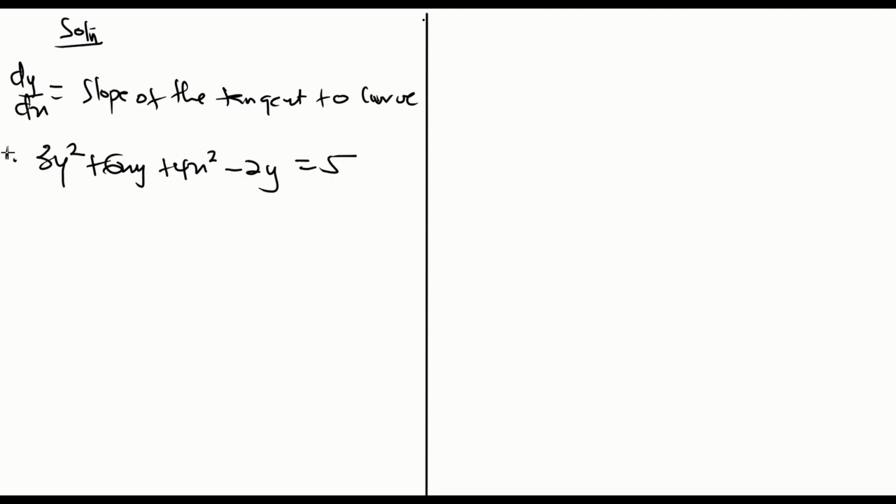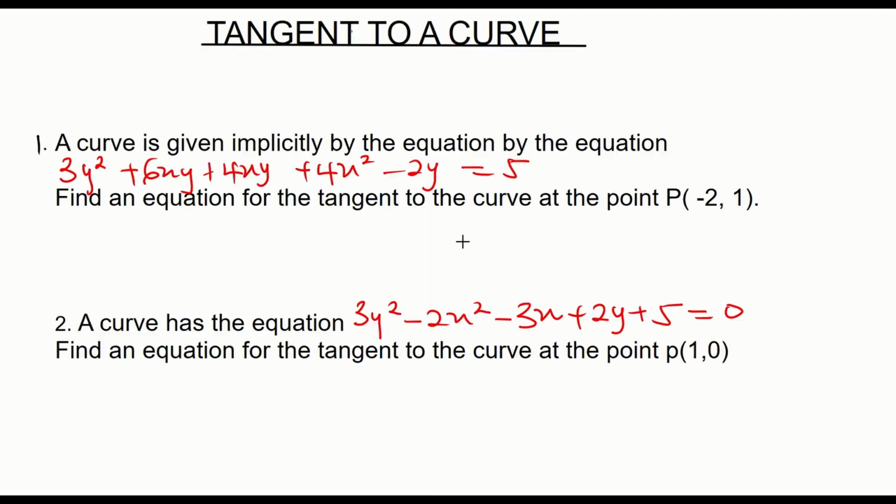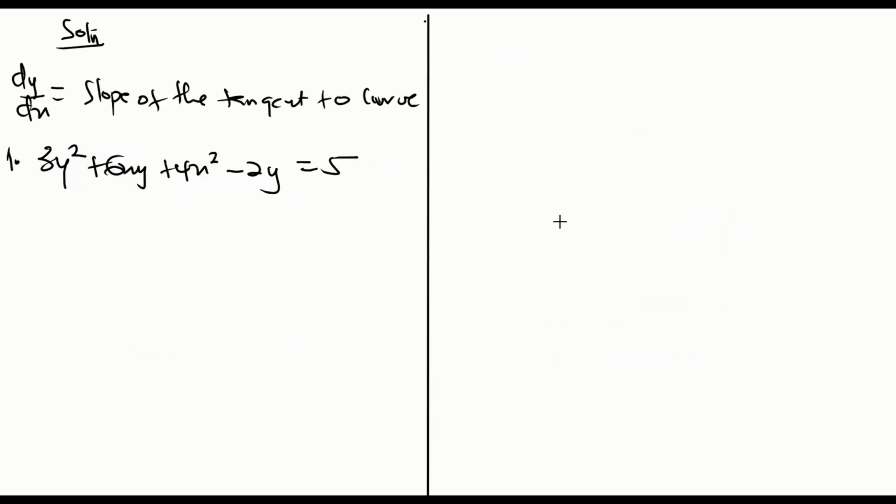So this is the equation of the curve. Then we proceed to see first if the point given to us, which is (-2, 1), lies on the curve. So we are going to test if the point (-2, 1) lies on the curve by substituting it and seeing if the result will be 5.